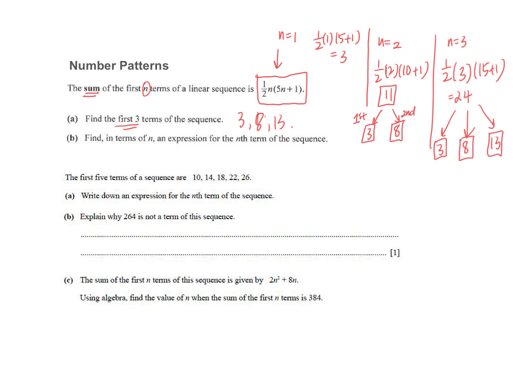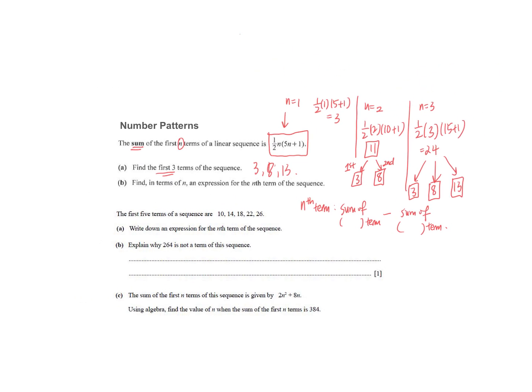So they say find in terms of n an expression for the nth term. So you just imagine if I want to find my nth term, I must use what minus what? I must use the sum of what terms to minus the sum of what terms? Assuming n. So if this is the sum of n plus 1 terms, right?